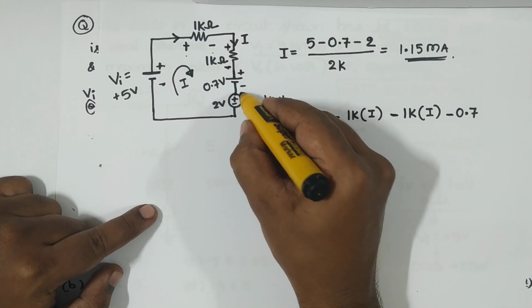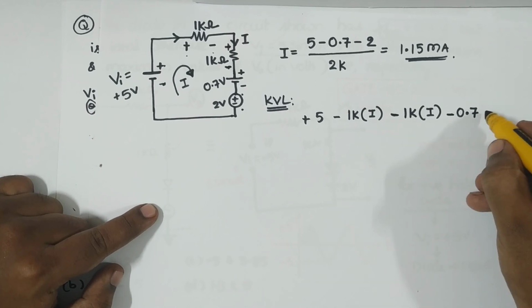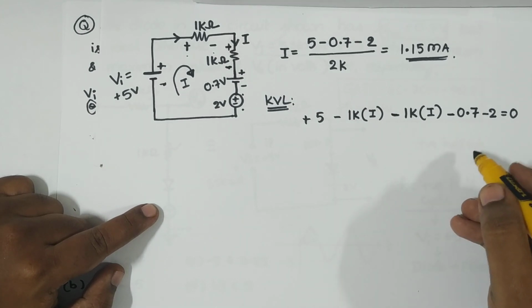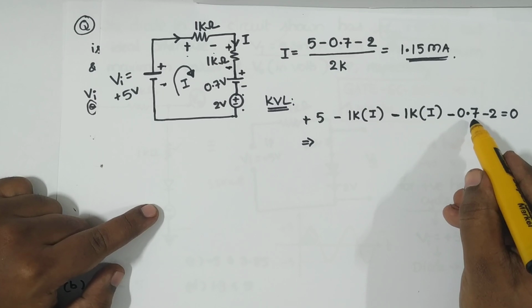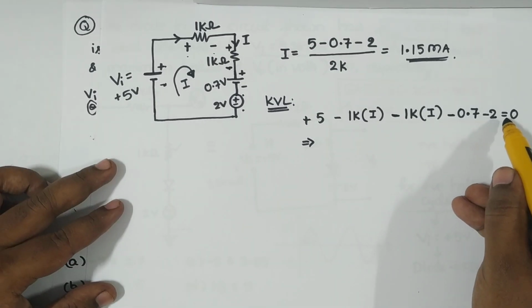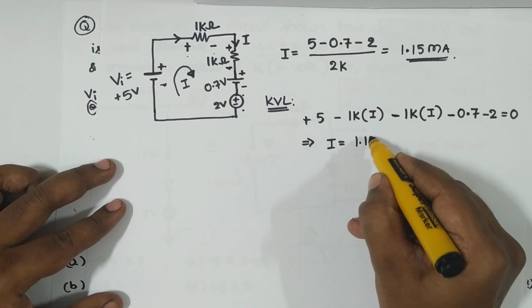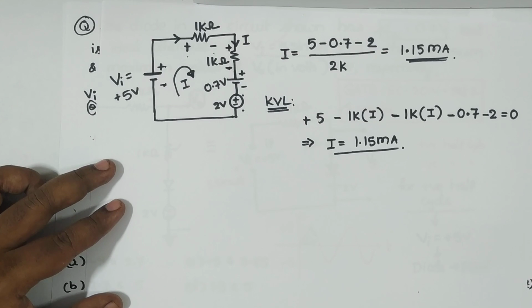Again current entered plus, leaving at minus, again losing something, so this is minus 2. Okay, at the end of the day there must be conservation of energy in the loop. So now what you get, 5 minus 0.7, this is 4.3 minus 2. So you find this, and again you will get the same answer, 1.15 milliamperes. So there is no big deal in this.